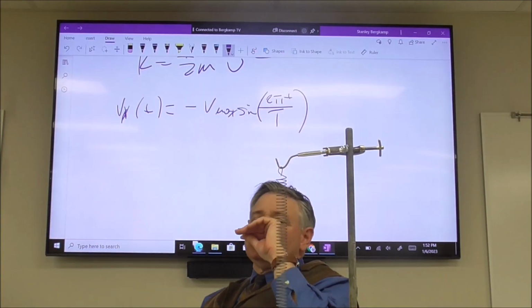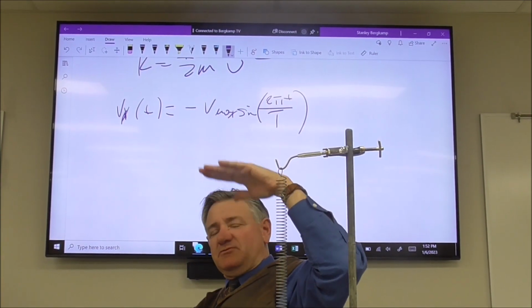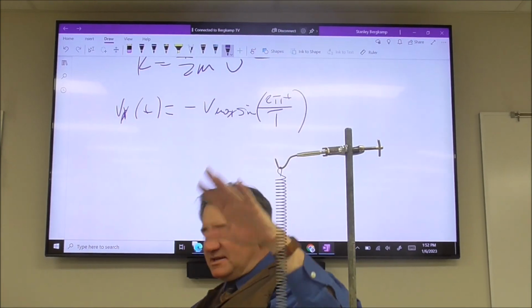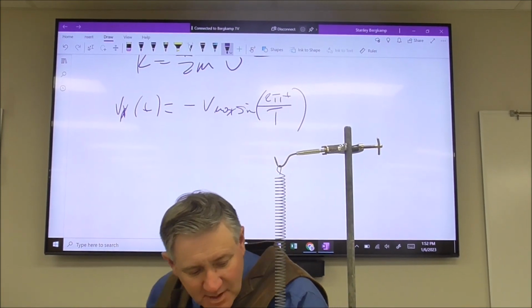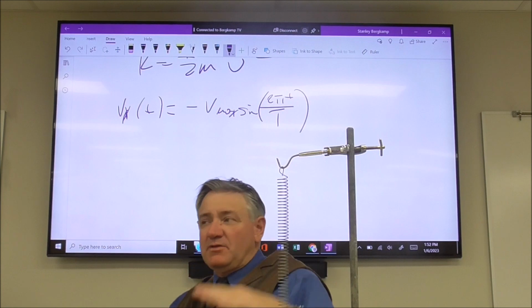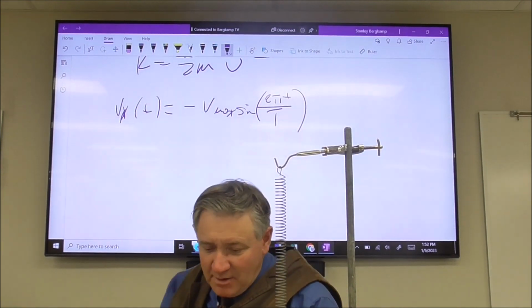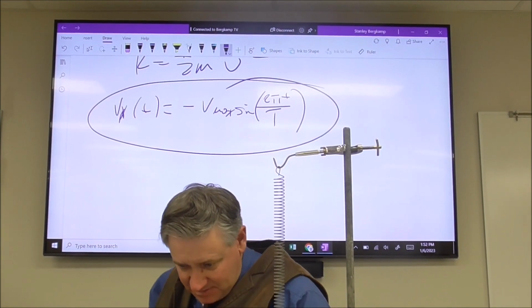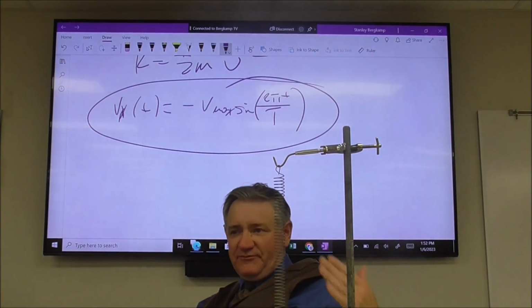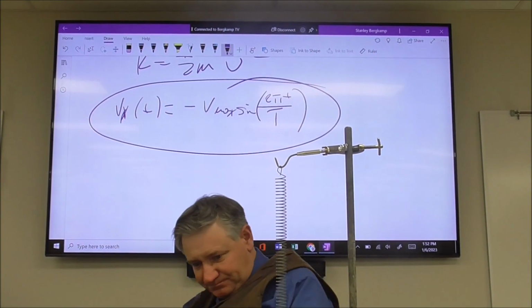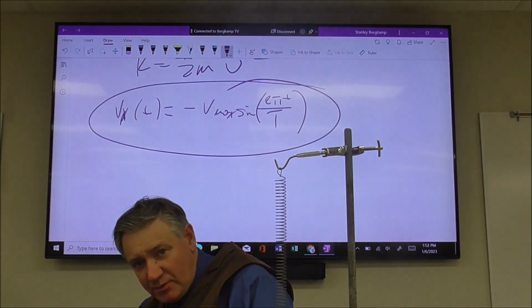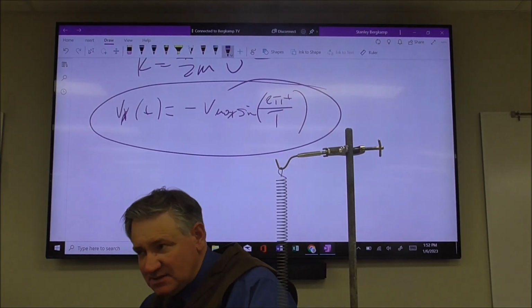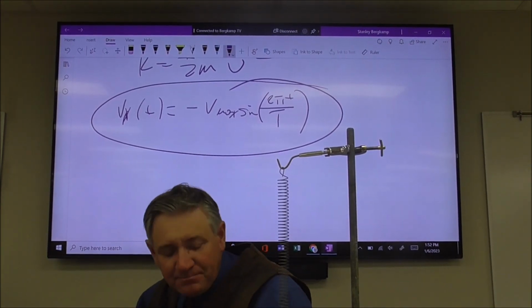Okay, so now we figured out what position looks like, now we figured out what velocity looks like. So now that we have that V max, now we're gonna use this equation. It's a function equation that expresses what your velocity is as a value of time.